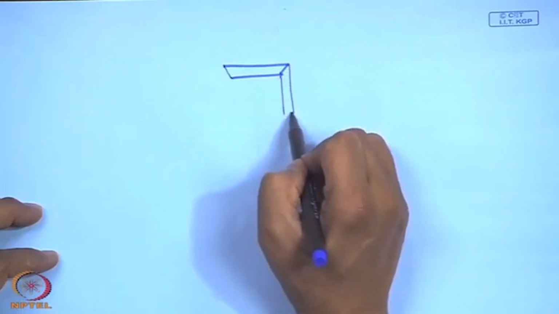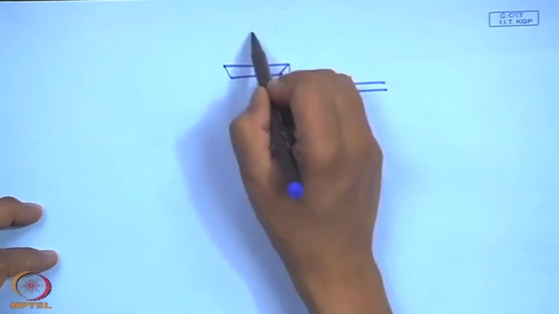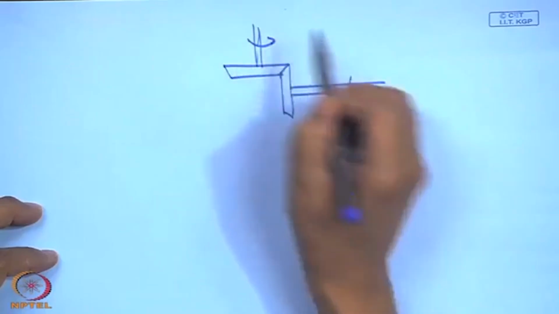So, gears look something like this, and this is one shaft here and another shaft which is rotating in this direction.